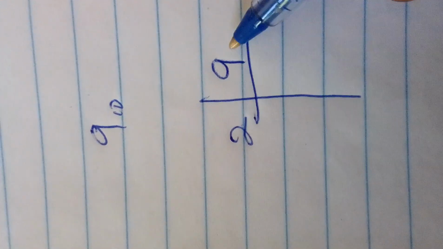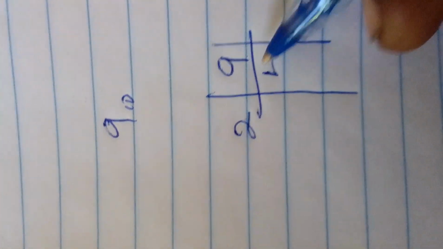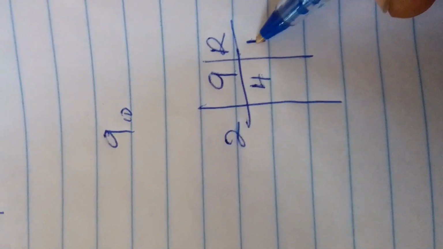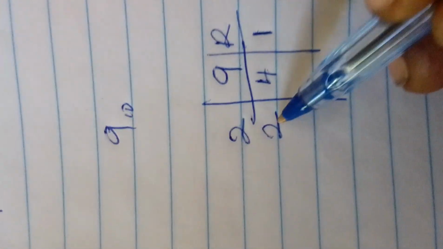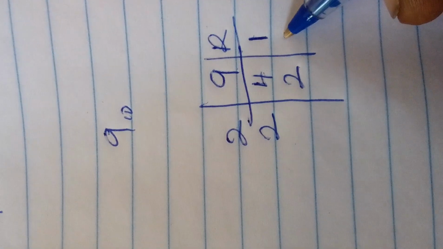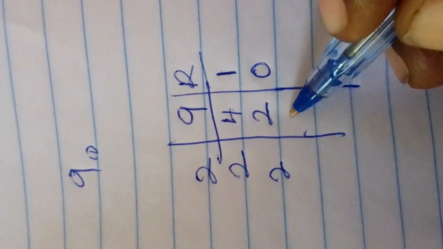So you say 2 goes into 9 how many times? 4 times. Remember to record the remainder. So it goes there 4 times, remainder 1. Again you take 2 goes into 4 how many times? 2 times, remainder 0.